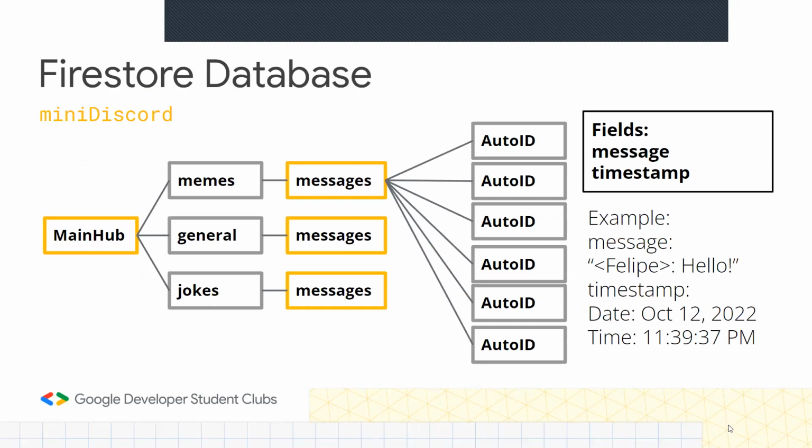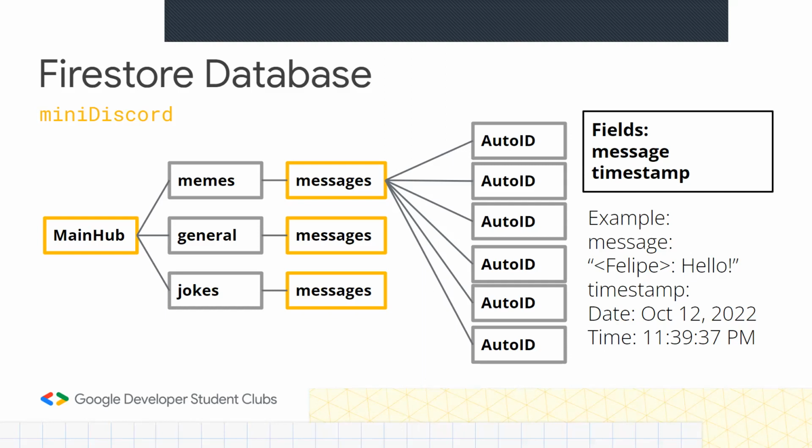Okay, so this is how we are structuring our database. I've been saying Firestore database, and I'm not sure if you guys are familiar with SQL or NoSQL databases, but this one is a NoSQL database. The way it works is very similar to folders and files. Basically, things are organized in a very simple way, which is very beginner friendly, though it cannot always be the most optimal, but it's very easy to mess with.